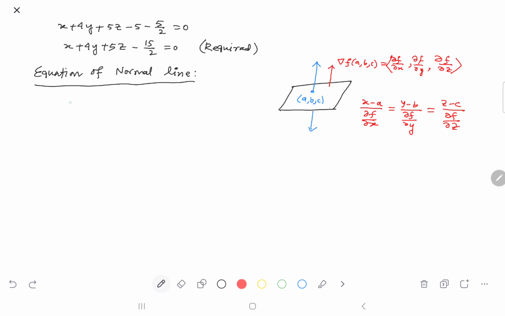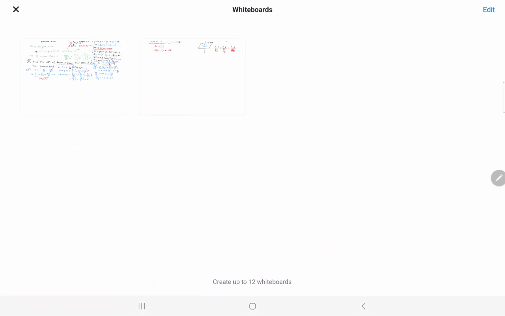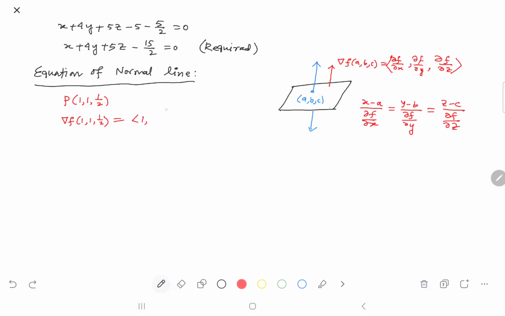Yeah. In this case, the point is given by (1, 1, 1/2), and the gradient vector at (1, 1, 1/2) is what we already have: 1/5, 4/5 and 1.